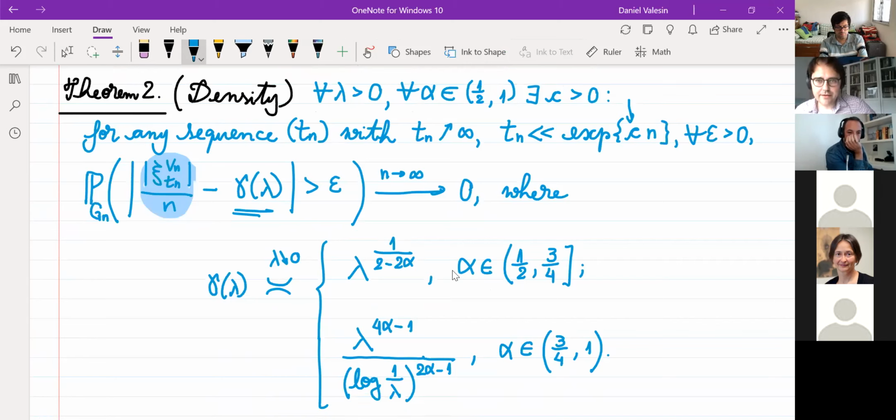For alpha between 1/2 and 3/4, this density function behaves like lambda to the power of 1 over 2 minus 2 alpha. For alpha above that it behaves differently, with this exponent and a log correction. The meaning of the symbol is that it is within two constants of this asymptotic value.